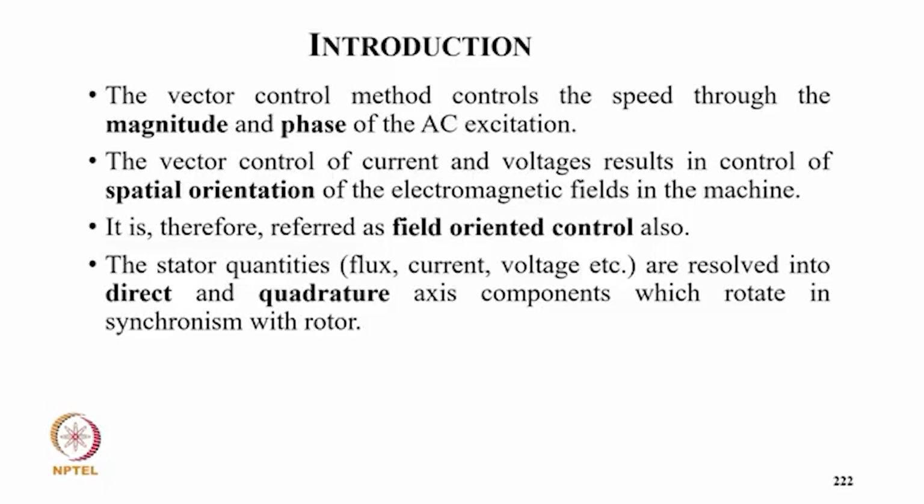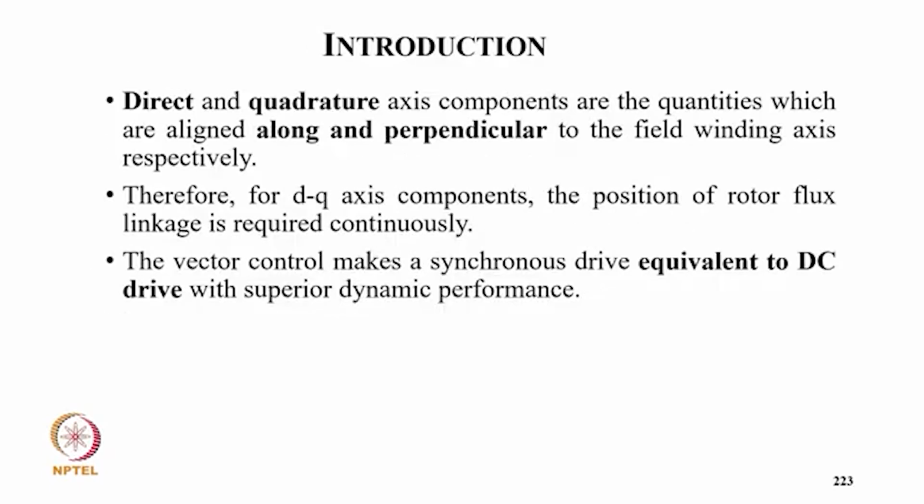The vector control method controls the speed through the magnitude and phase of AC excitation, and the vector control of current and voltage results in control of spatial orientation of the electromagnetic field in the machine, and it is therefore referred to as field oriented control also. The static quantities flux, current and voltage are resolved into direct and quadrature axis components which rotate in synchronism with the rotor.